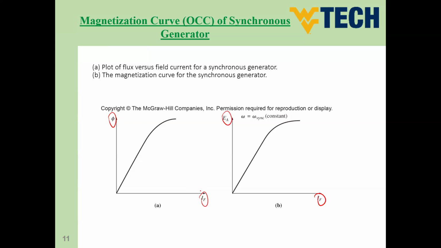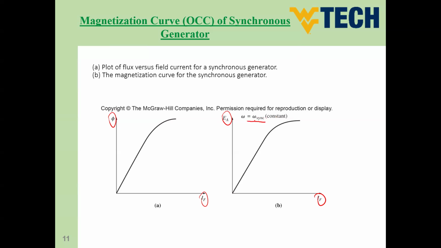Okay, so you know if you have certain electromagnets and you flow the current, the increase will lead to a flux increase until the core is saturated. So since the induced volt is a function of flux and frequency, if we say that the frequency is constant, the relation between the induced volt and field current is going to be the same. So this is by the assumption of having constant speed.